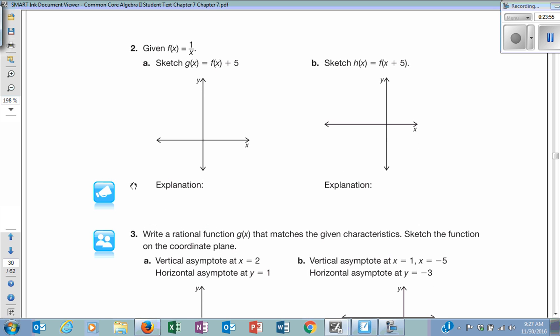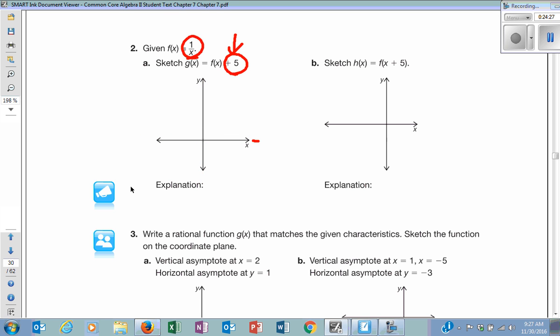So sketch this. If I know what this guy looks like, which I do, my regular one, since it's odd, I know it's going to be 1 up, 1 down. I know that there's a positive up here, so it's going to start down and finish up there. If this is +5, all that's going to do is shift this thing up 5, which changes not my vertical asymptote, but my horizontal.